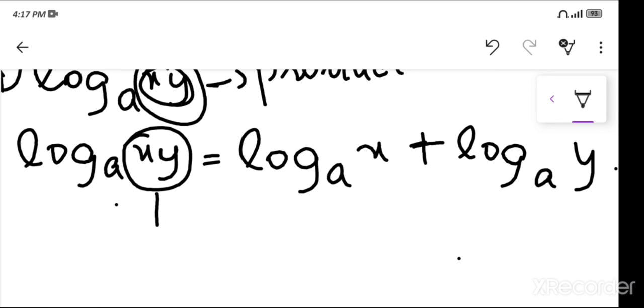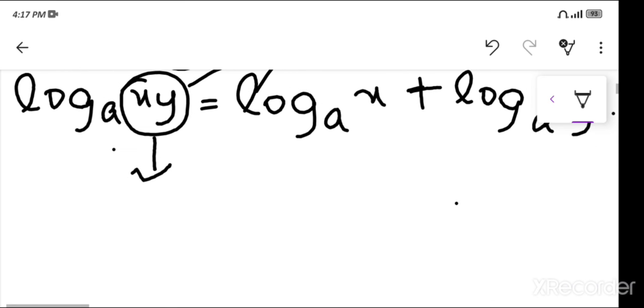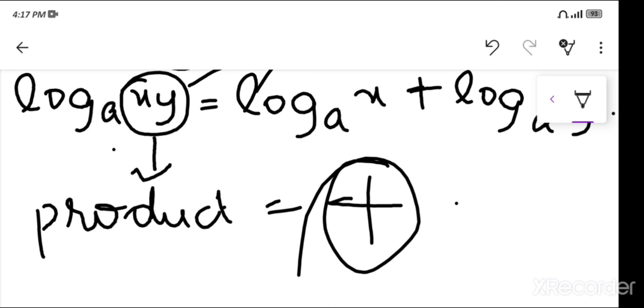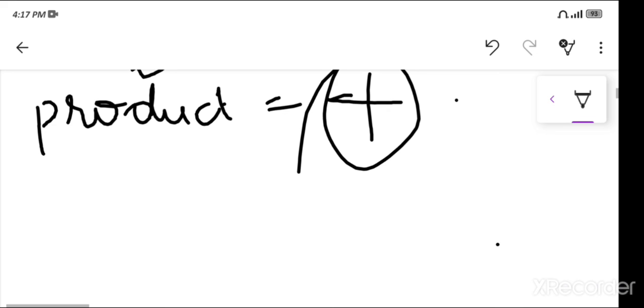xy is a product, as I told you here. So if there's a product, when you're expanding it, it becomes plus. That's that simple.